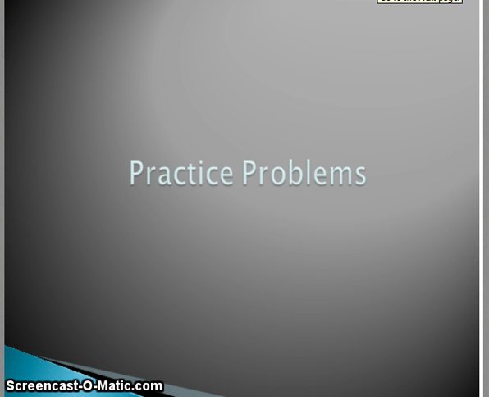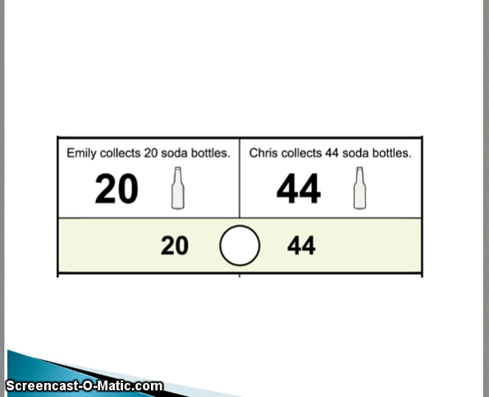All right, here's our practice problems. Emily collects 20 soda bottles. Chris collects 44 soda bottles. 44 is bigger than 20. 44 is greater than 20.